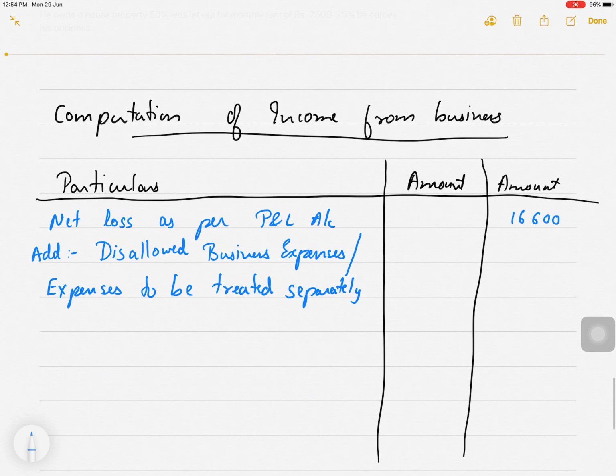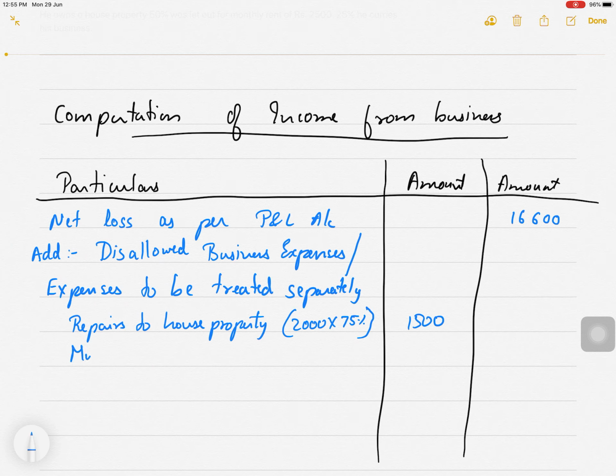So 25%, which is business property, is allowed, and the remaining 75% is disallowed. So repairs to house property, 2,000 into 75% is disallowed, which is 1,500.